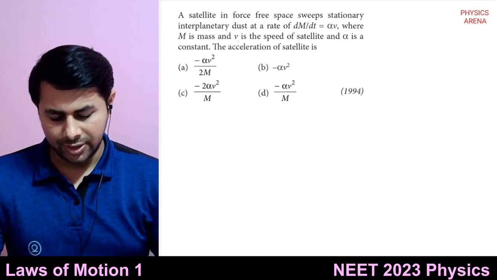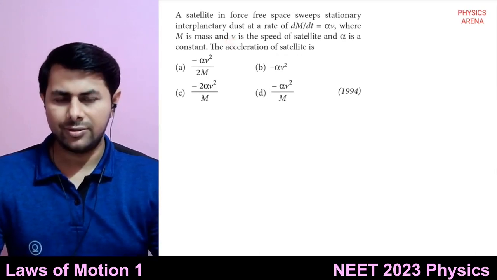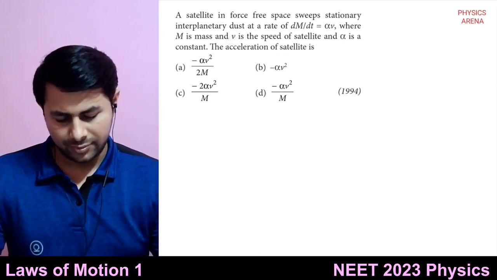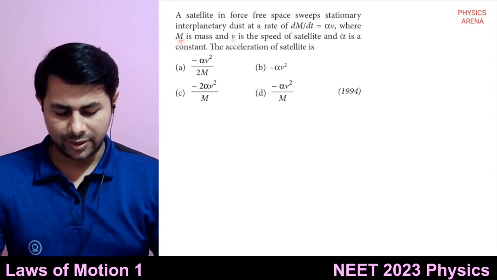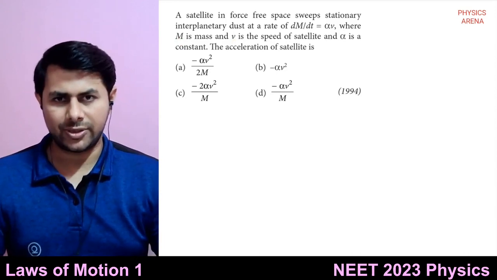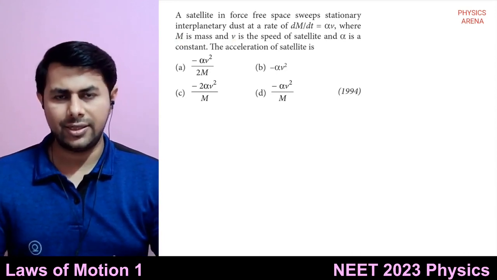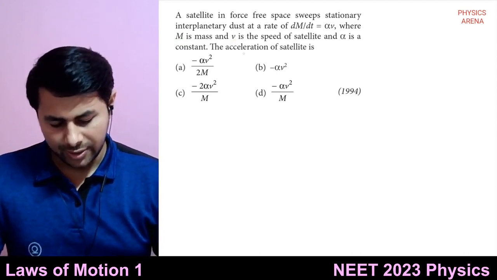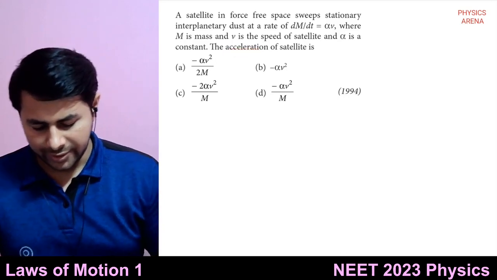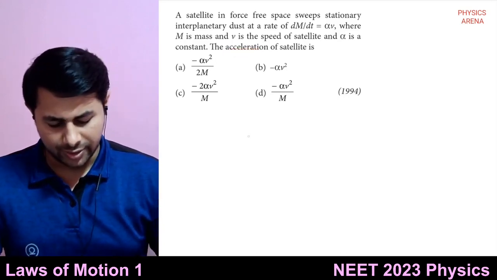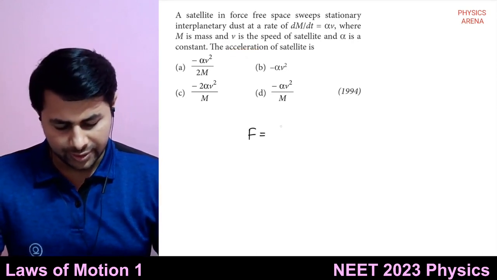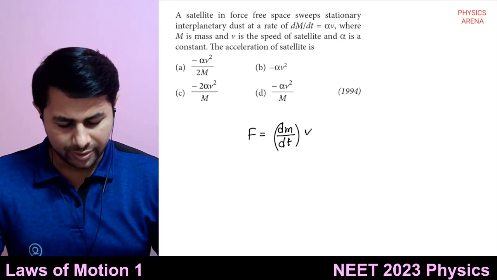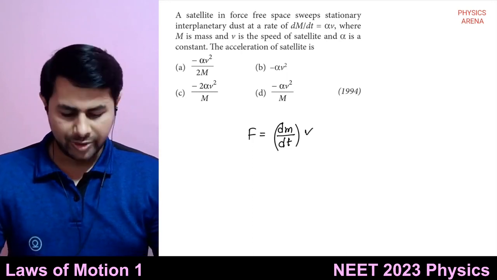It is moving with constant speed v, m is the mass, and some dust is getting deposited. Due to that dust, what will be the acceleration? Again, F is equal to dm by dt multiplied with v.